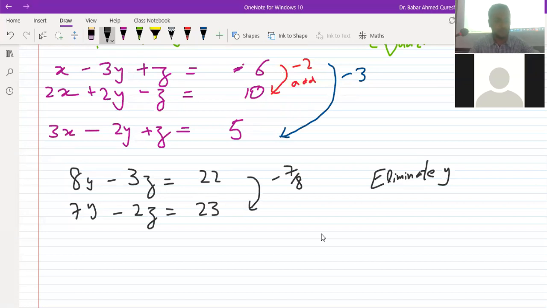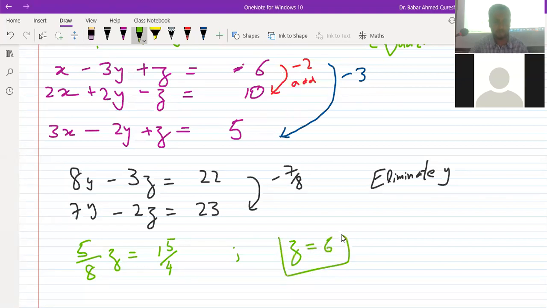And you get an equation, 5 over 8 z equals 15 over 4. So this gives you z is equal to 6. So in this way, you always get the value of the one last variable which is left.